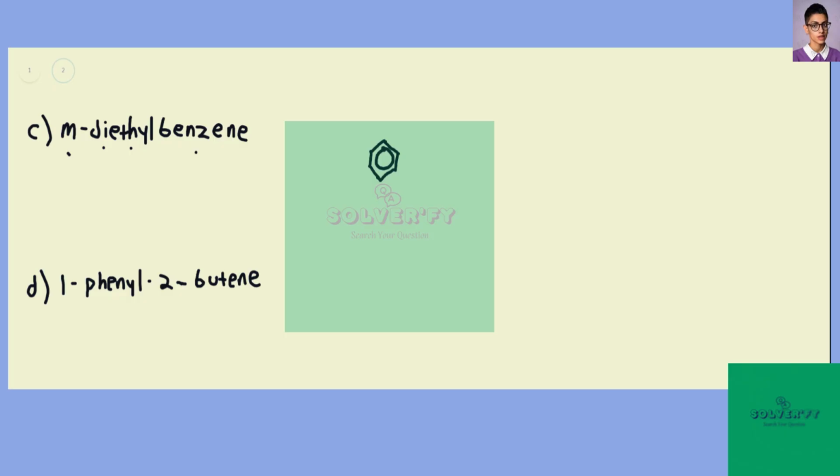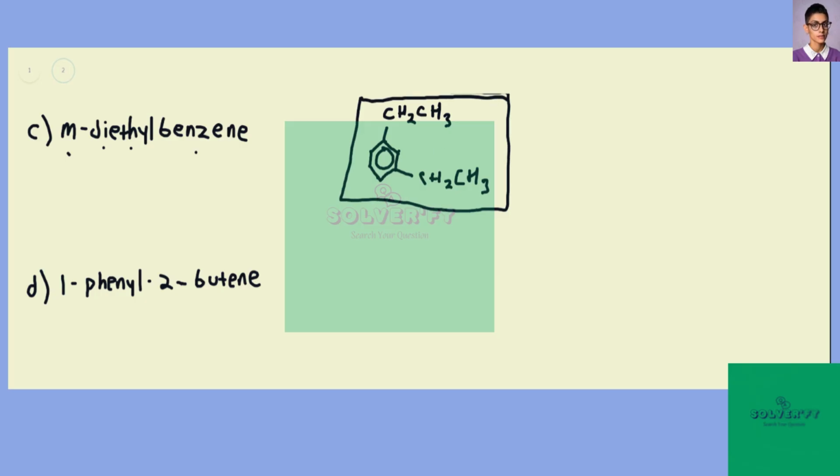And then I'm going to put an ethyl group here. An ethyl group is just a CH2, CH3. I'm going to skip a carbon, and I'm going to put another one off of this carbon. And that is my structure for C.